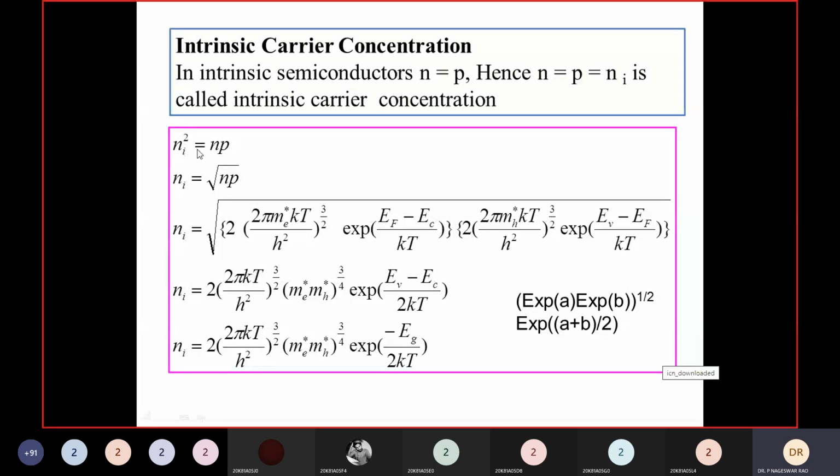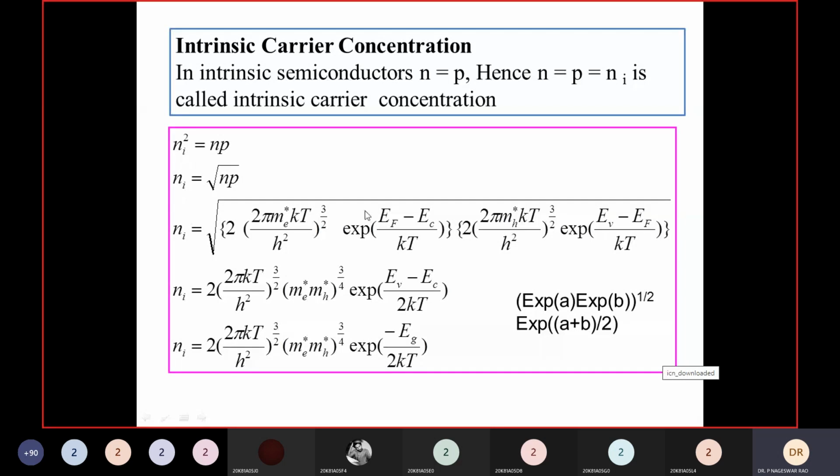Here n equals p approximately. If you substitute the n and p values, where n is the density of electrons and p is the density of holes, and simplify, we can get this equation.